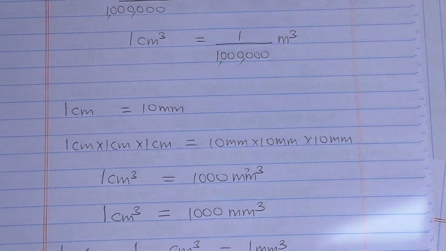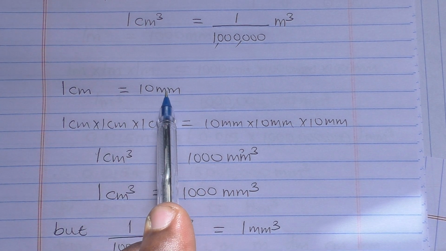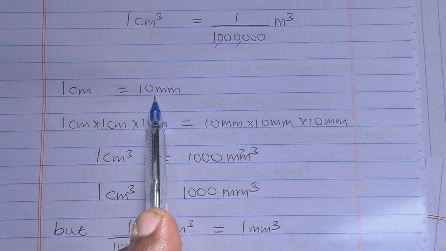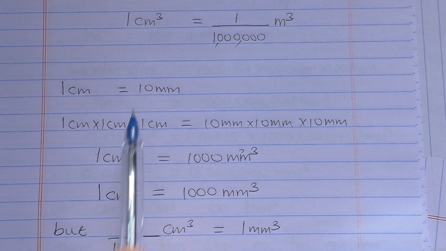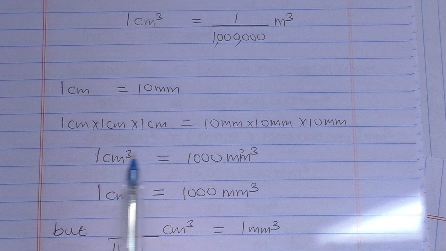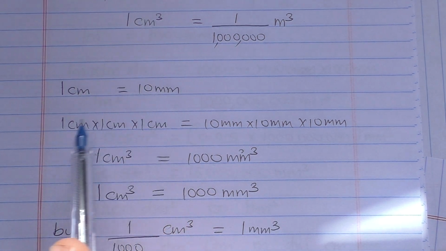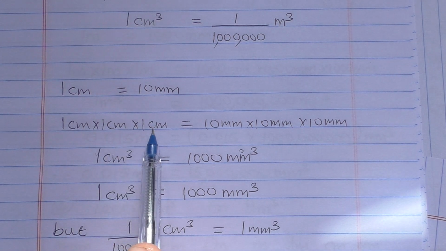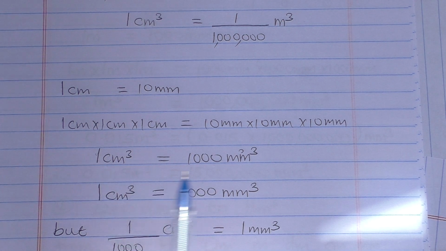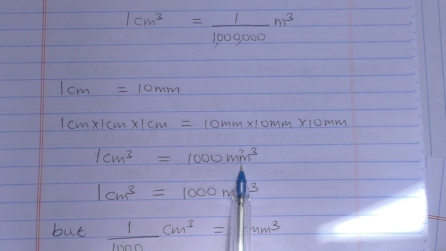Then lastly, if I'm to convert from centimeter to millimeter, I will have 1 centimeter equaling 10 millimeters. But if I want to convert from centimeter cubed to millimeter cubed, then I'll first cube both sides by multiplying each 3 times to get 1 centimeter cubed equals 1,000 millimeters cubed.